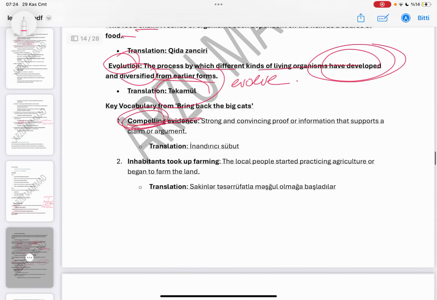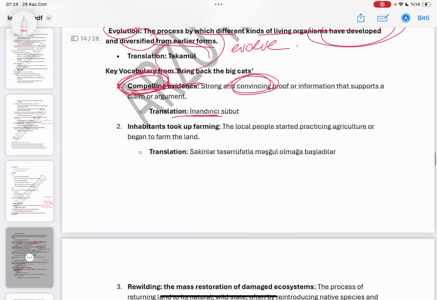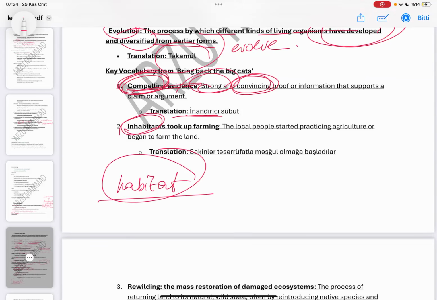Compelling evidence, compelling, like convincing, for example, okay? It's the strong proof. Inhabitants. So habitats, do you remember this one? It is the place that animals, plants, and so on live. Inhabitants, like residents, local people, took up farming. They started farming.